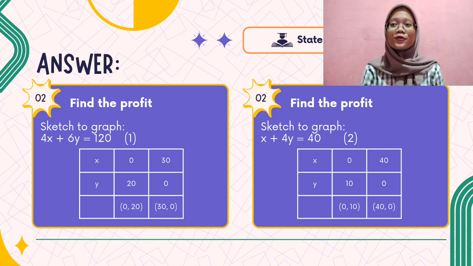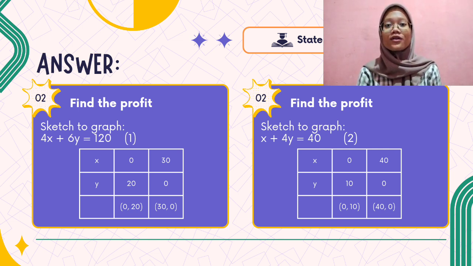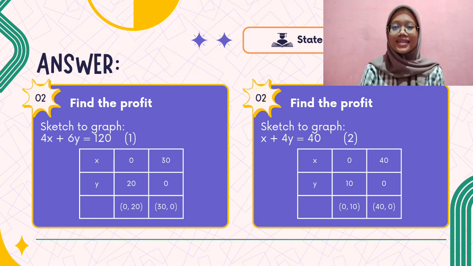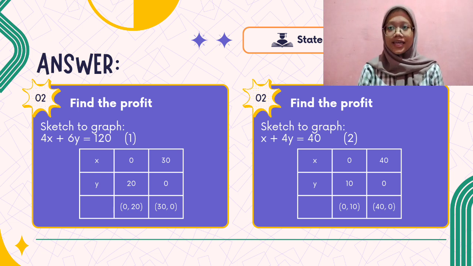The second, to find the profit using the graphic method. Sketch two graphs by determining 2 points on each line. Line 1 is 4x plus 6y equals 120 and line 2 is x plus 4y equals 40.